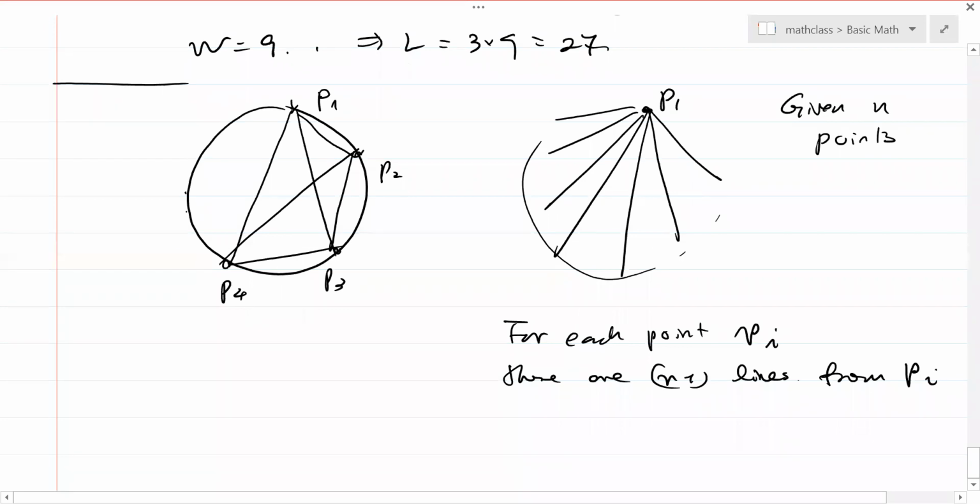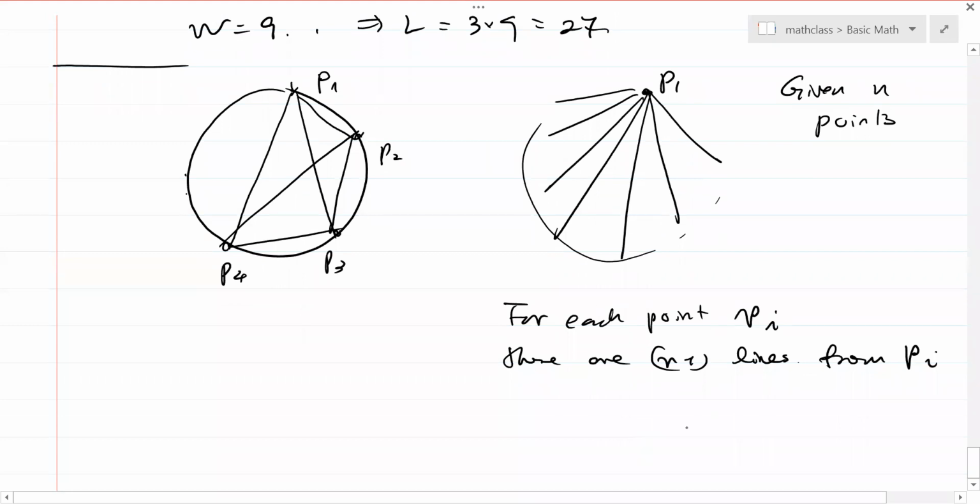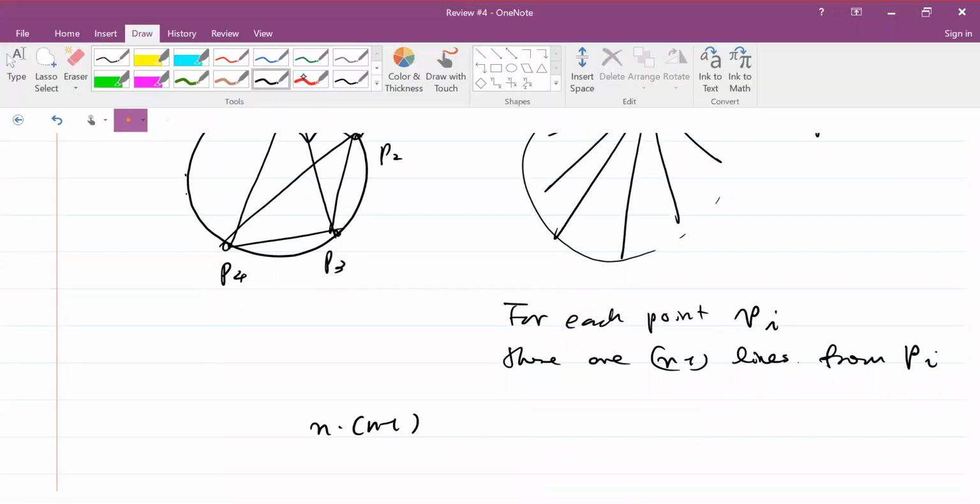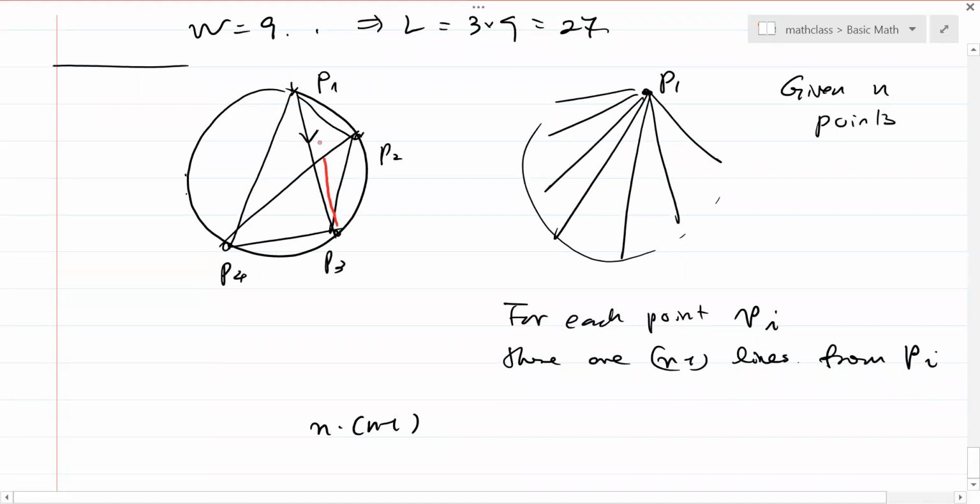If you know this, then how many points are there? n points, so n times n minus 1. But be careful: if this one starts from P1, when you look at P3, you get another one. So if you just say n points, for each point you get n minus 1 chords, right?